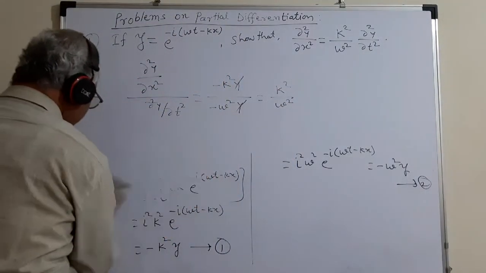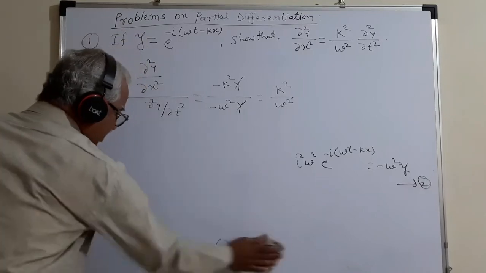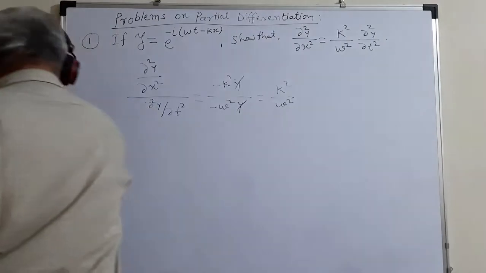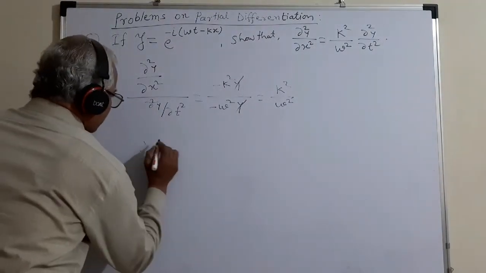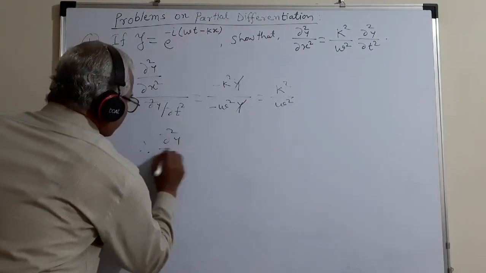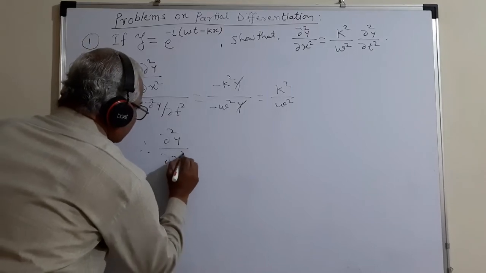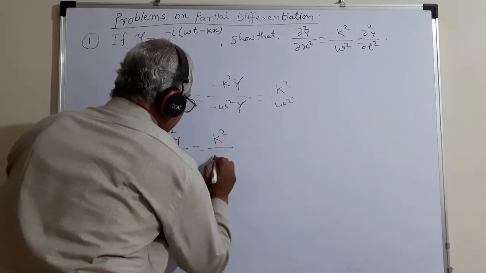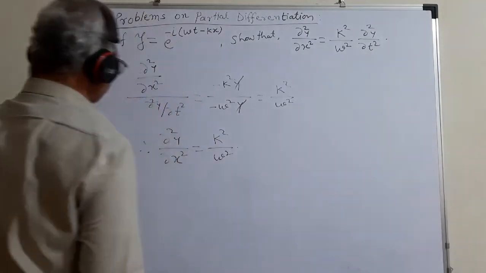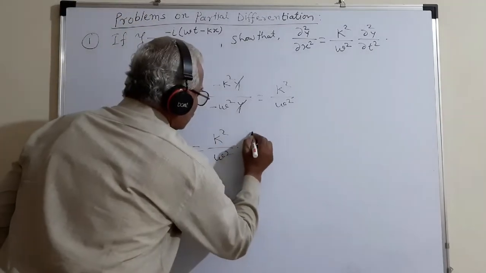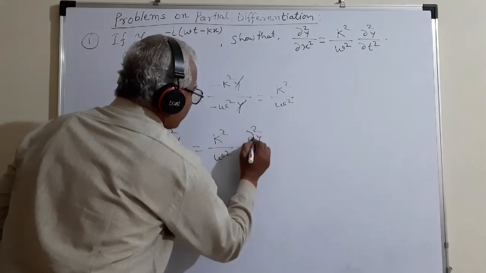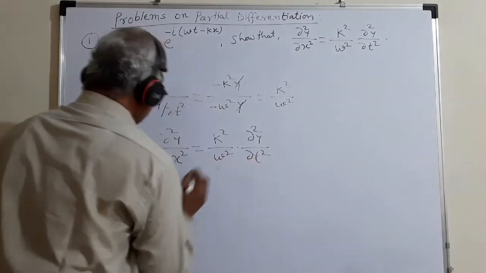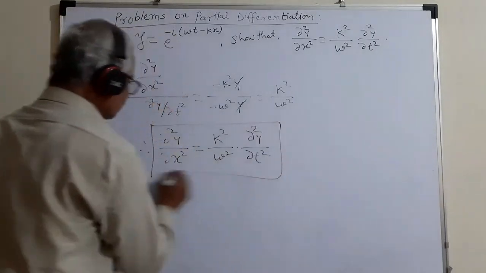So we can write the expression transferring the term in the denominator here to the right hand side. We get therefore ∂²y/∂x² is equal to k² upon omega² into ∂²y/∂t², and that is what we are asked to prove.